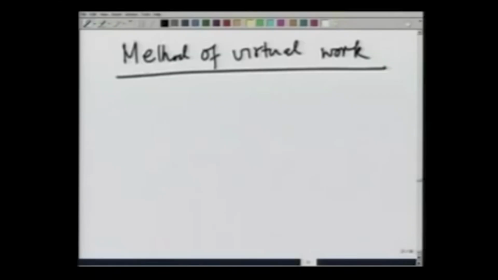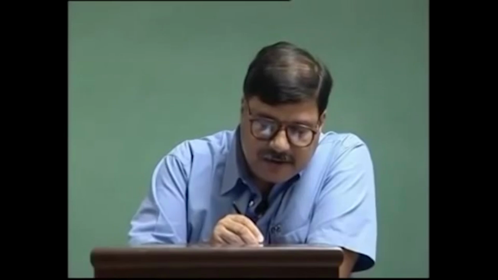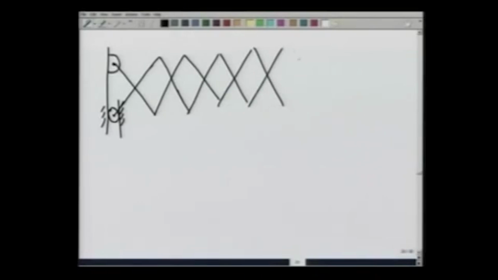How does the method of virtual work simplify or make life easy when the system becomes big? Let us extend the previous example itself. In this mechanism, if I take many links, suppose n such links, and so on, and I apply a force F here.